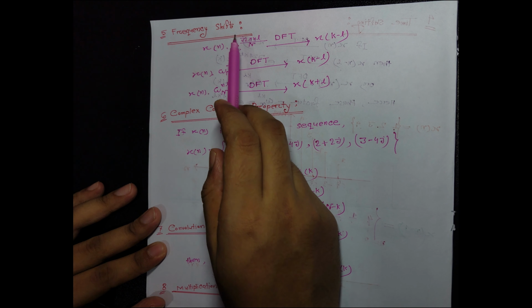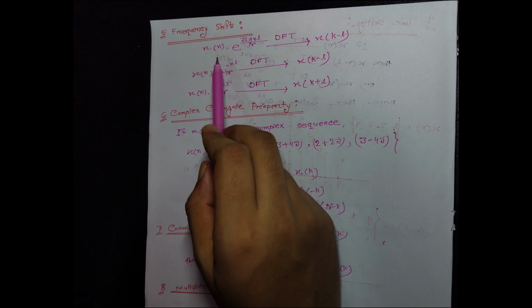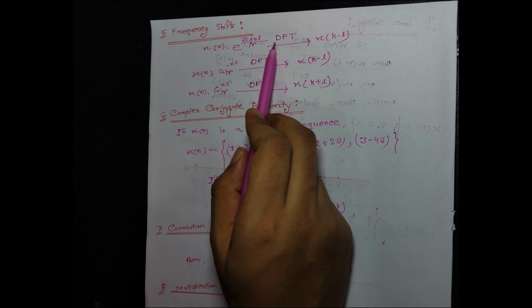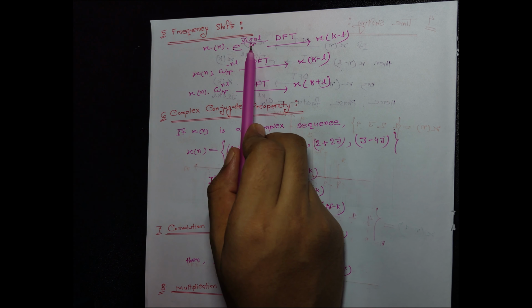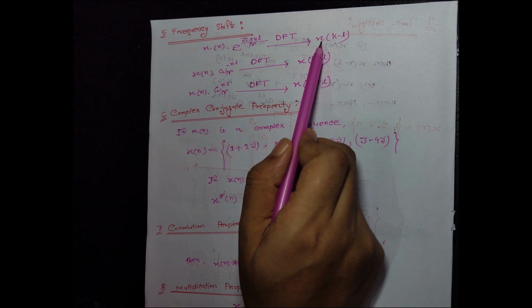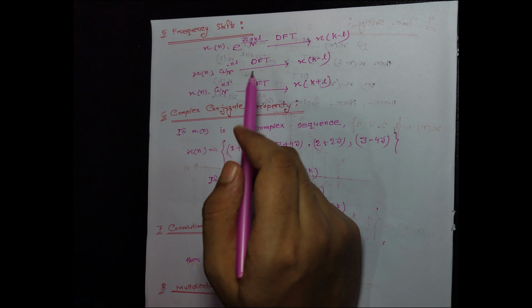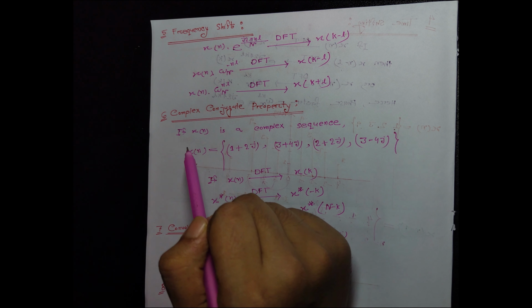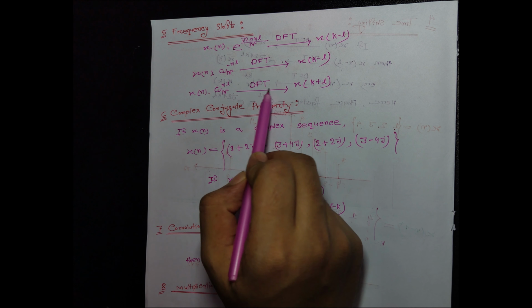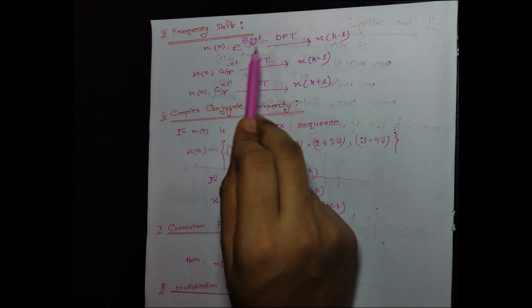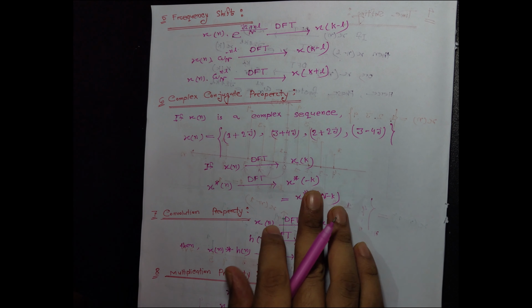In the frequency shift property, if the discrete Fourier transform of x of n times e to the power j 2 pi nL over N is X of k minus L, then we get this type of discrete Fourier transform.